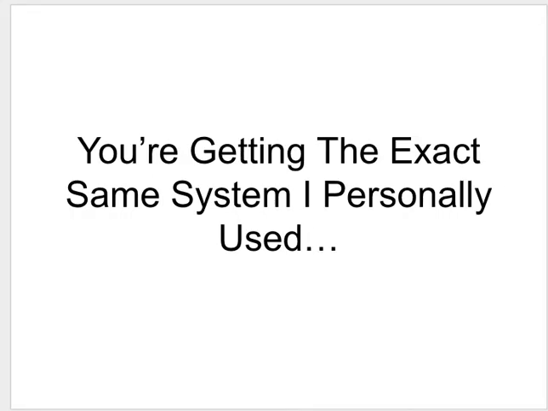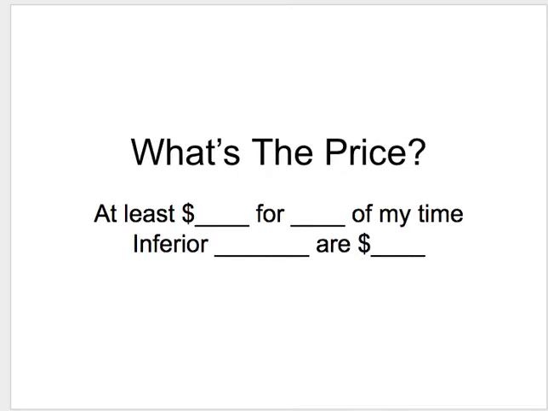And now you tell them that you are going to get the exact same system that I personally used to get all this benefit, all this result, more money, more freedom, become a better golfer, hit the ball in the hole, hole in one, and drink the champagne. Yeah, you say that to them, and then, so what's the price?